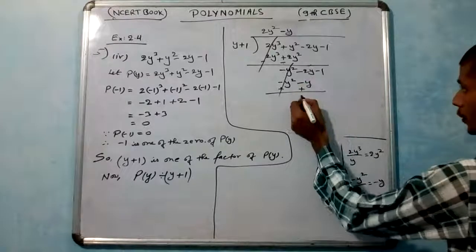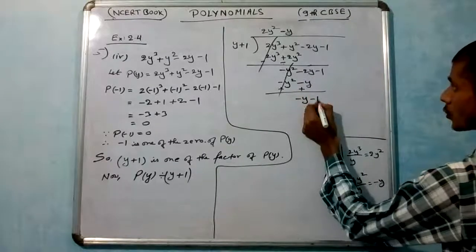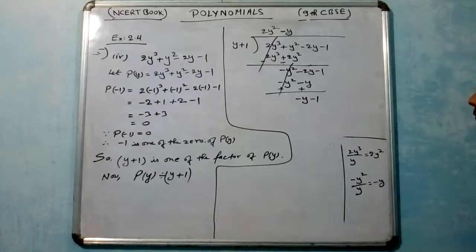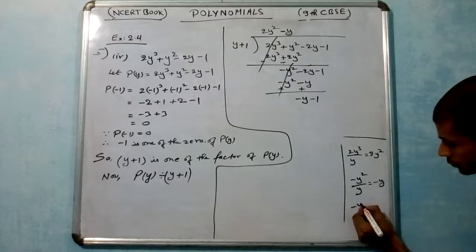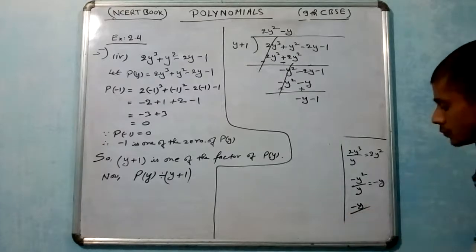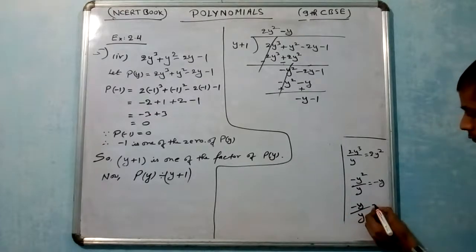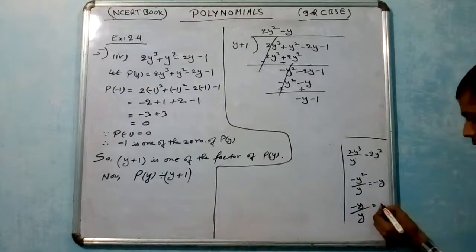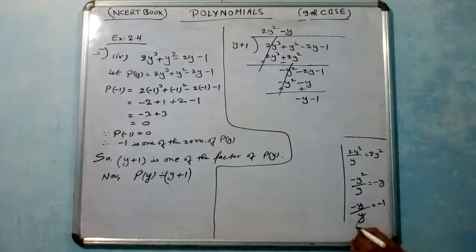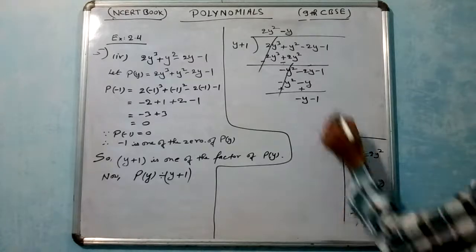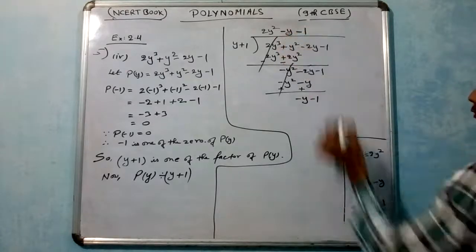It will be minus 2y plus y, so minus y minus 1. Next what? Minus 1. Y into 1 is y, y into 1 is y, so minus 1.